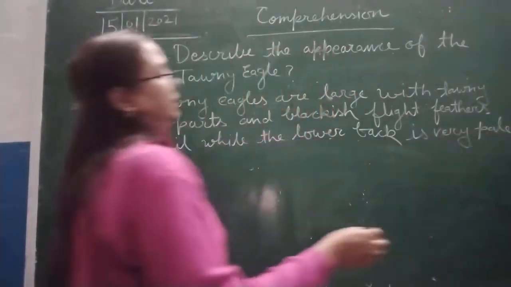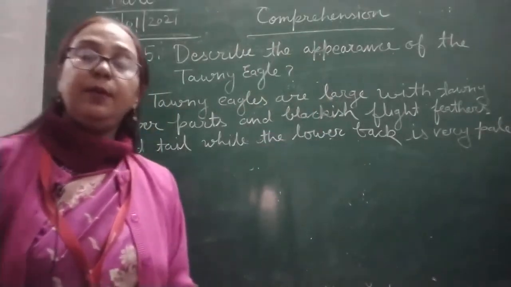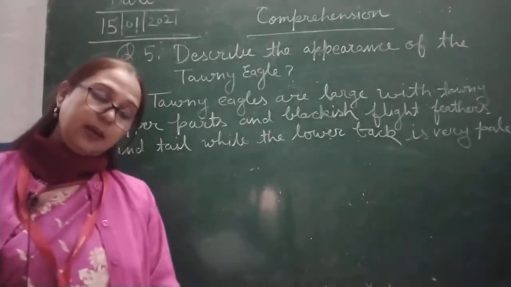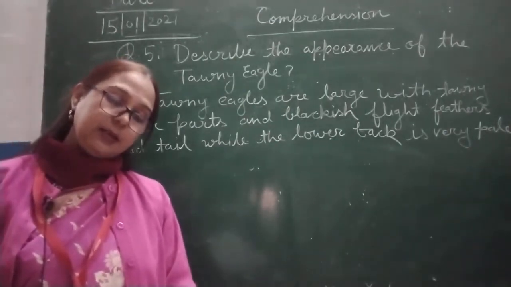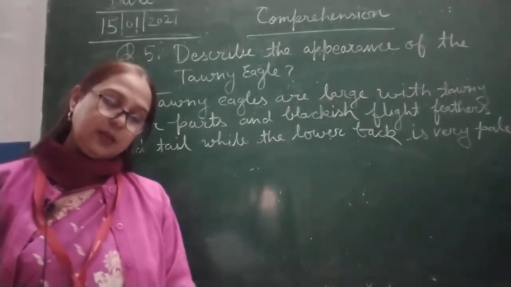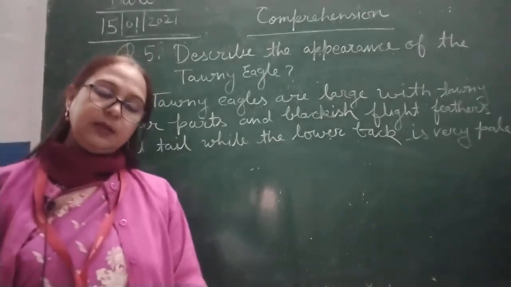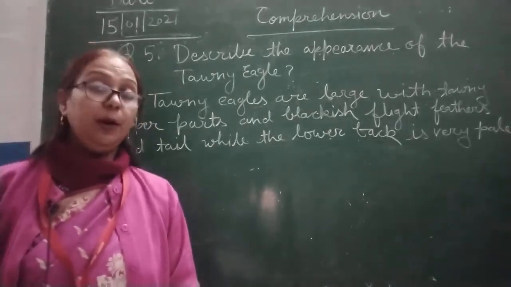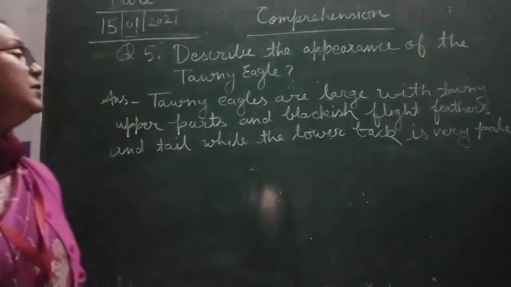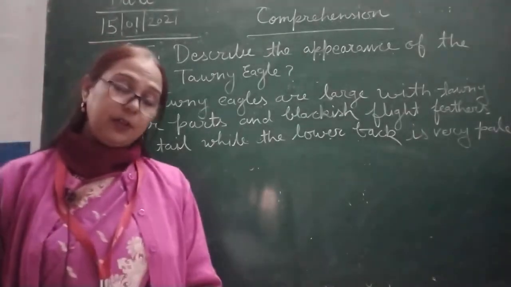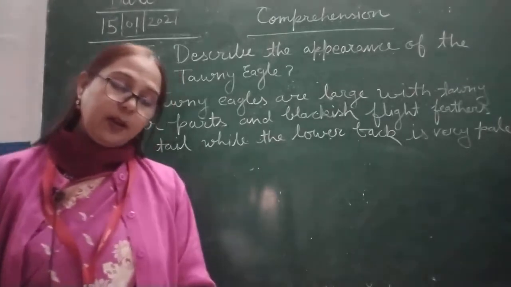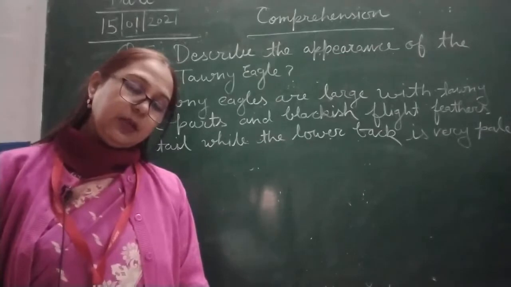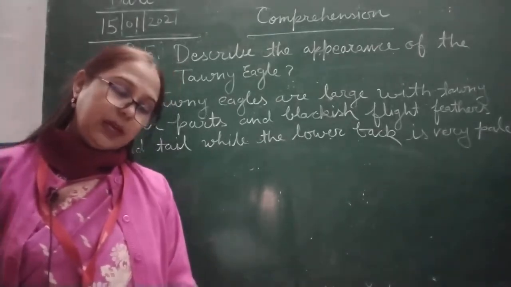Now here children, in this paragraph we have seen its appearance, or you can say its body shape, discussed. And the call of the tawny eagle is a crow-like barking, though it is a silent bird most of the time.